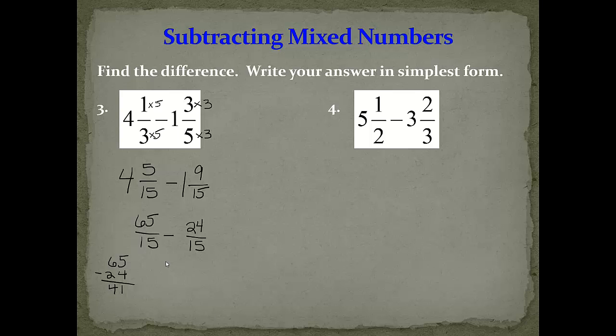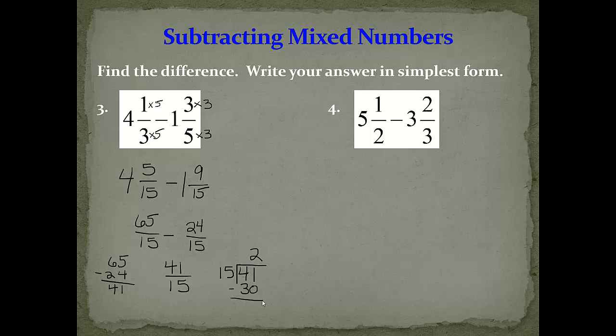So we're going to now have 41/15. Our next step would then be to change 41/15 into a mixed number, because right now it's an improper fraction. So we'll do 41 divided by 15. 15 goes into 41 2 times, because 2 times 15 is 30.